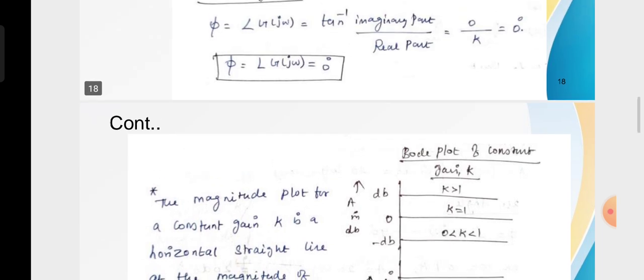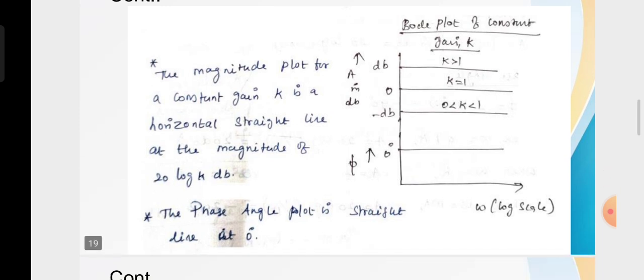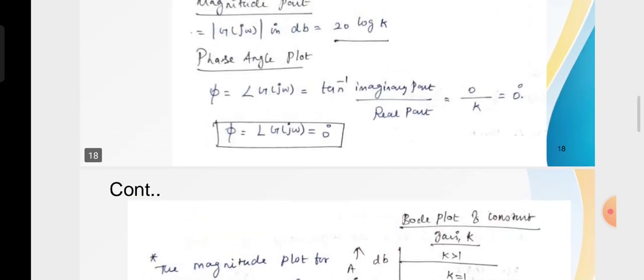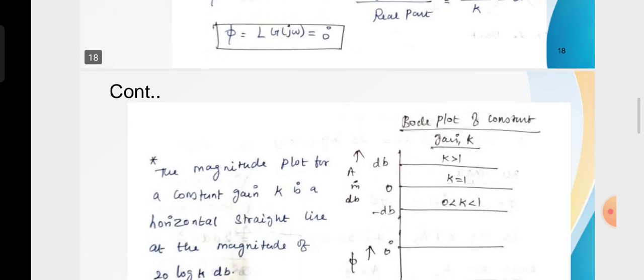When K is greater than 1, the magnitude of G of j omega is in positive dB. When K is less than 1, the magnitude is a negative value. When K is equal to 1, the magnitude is 0 dB. And the phase angle is 0 degree for all values of omega.